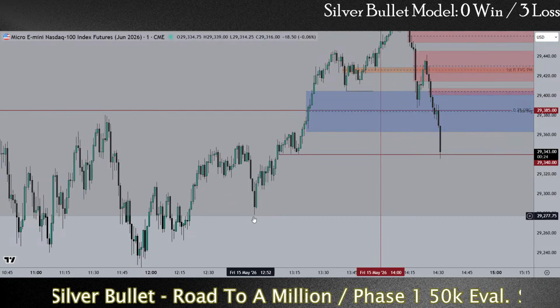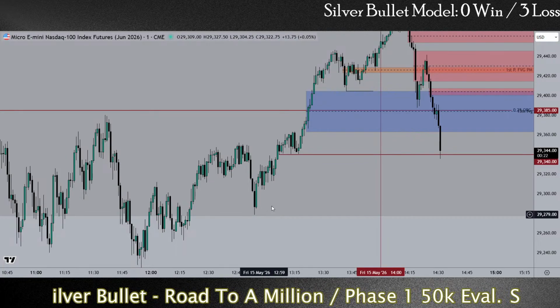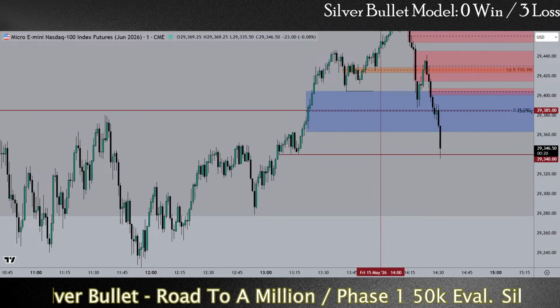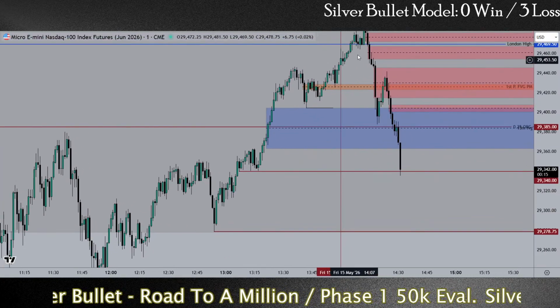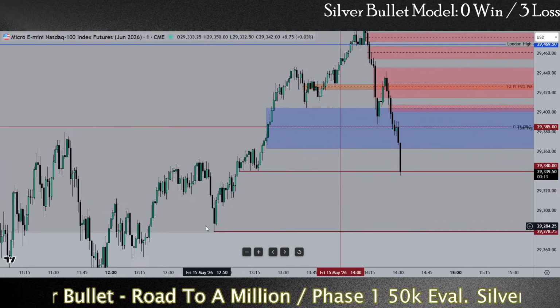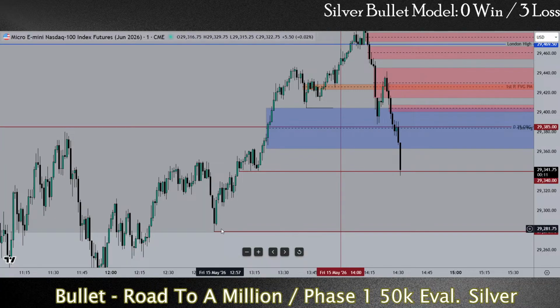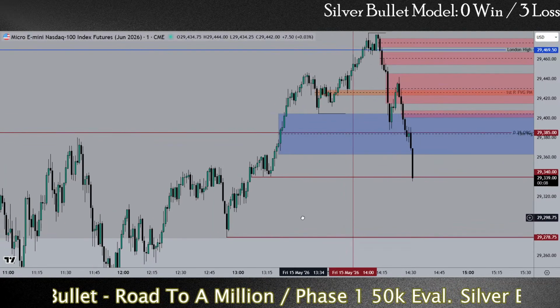A lot of sell-side liquidity is also resting below this low for sure, as it's the last low before all of this run up, and it's around the low of the opening range gap.